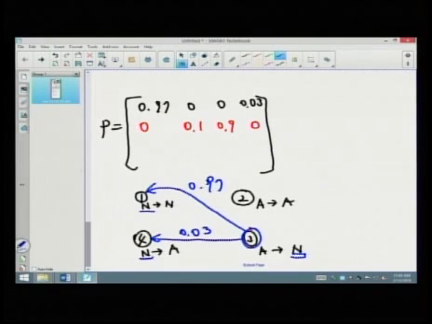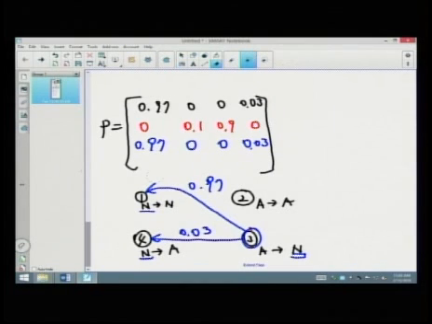So we have 0.97, 0, 0, 0.03. Okay? Does that make sense? Right? Okay. Now let me delete this so we can use this diagram again.